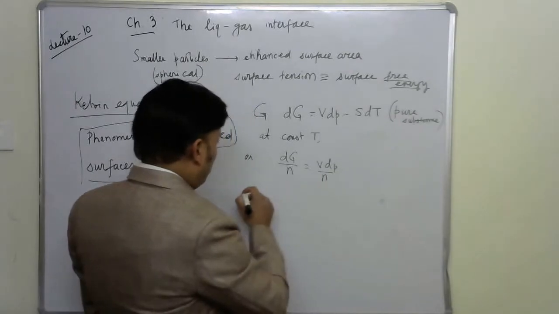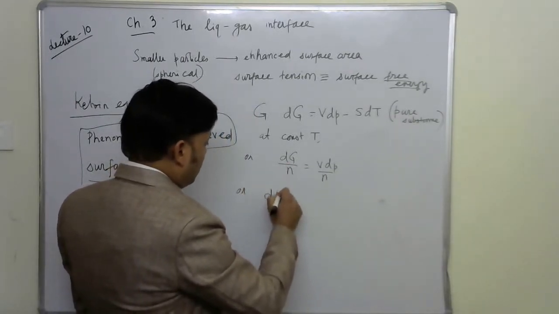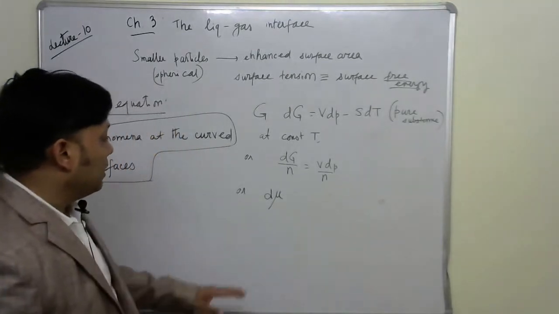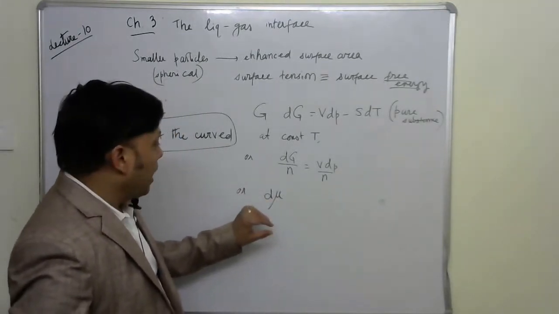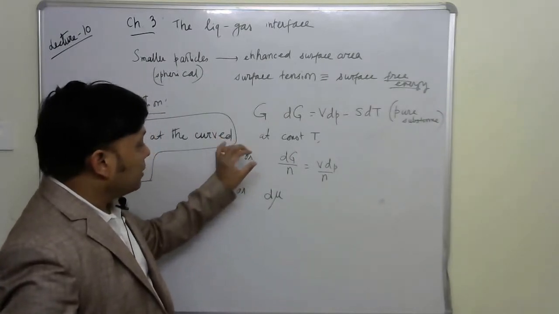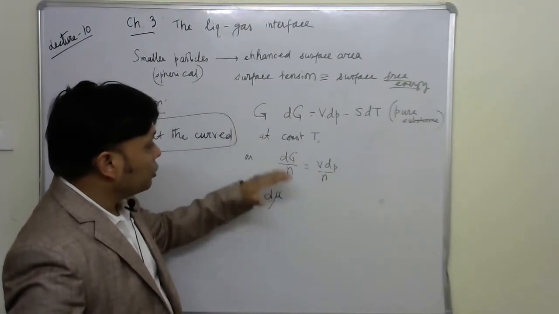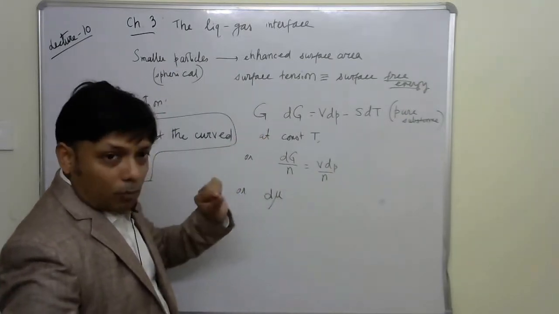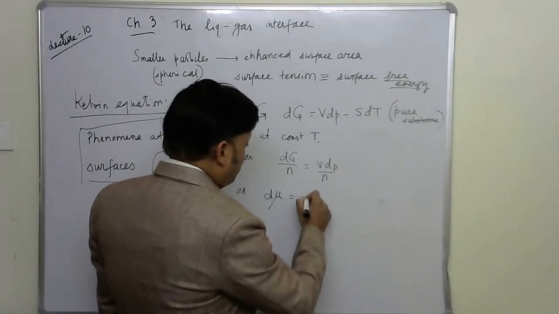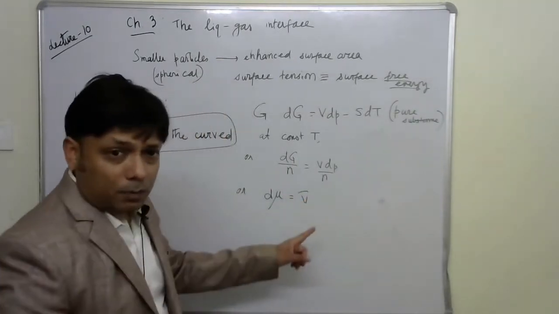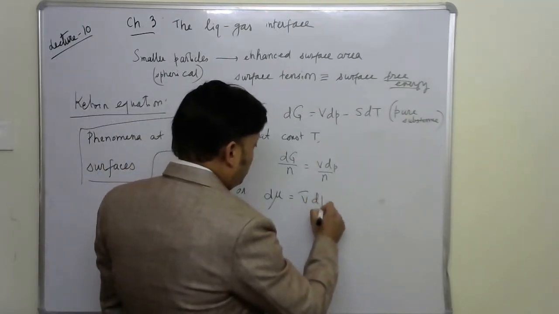Therefore dG by n becomes d mu. This mu is also known as the chemical potential, and mathematically it is the infinitesimal change of the Gibbs free energy divided by the number of moles for a particular substance, which is equal to V bar dP, where V bar is the molar volume.